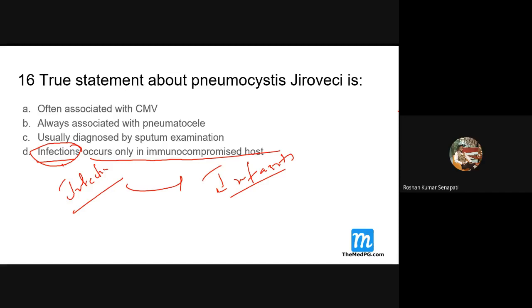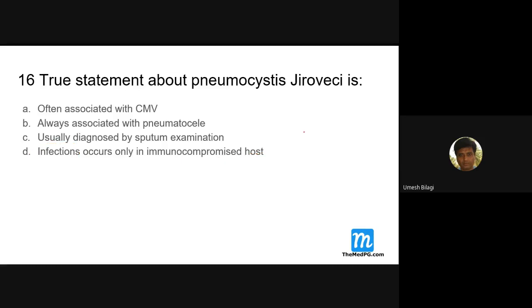Almost all of us are infected, and we don't develop disease because we are not immunocompromised. And usually PCP pneumonia is a new infection. These things you should keep in mind. So infections occur only in immunocompromised is wrong.